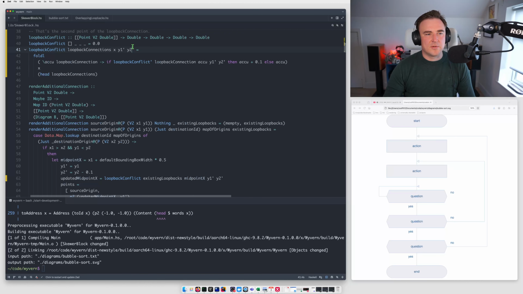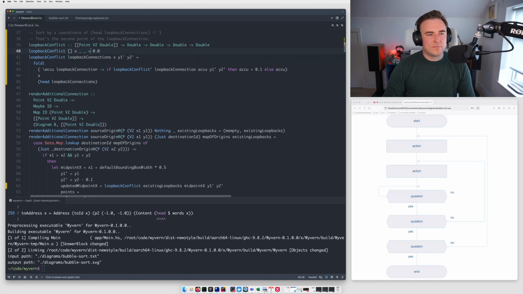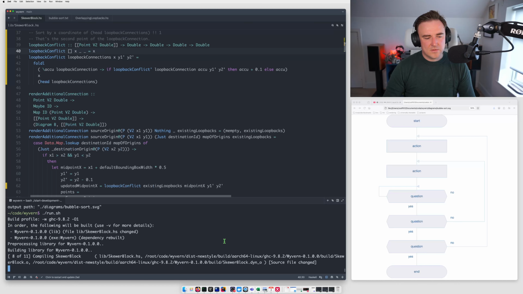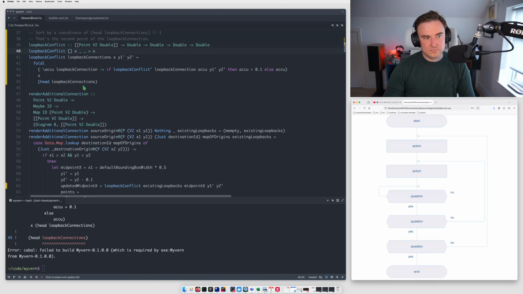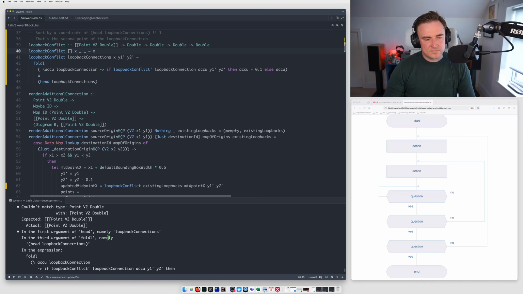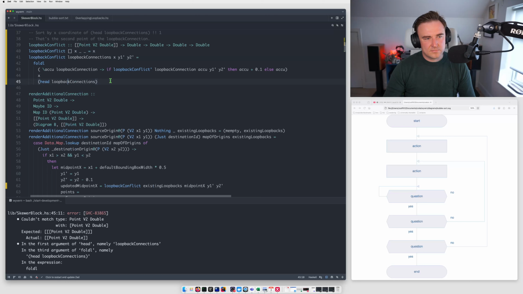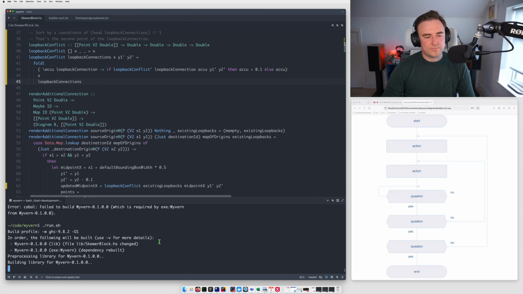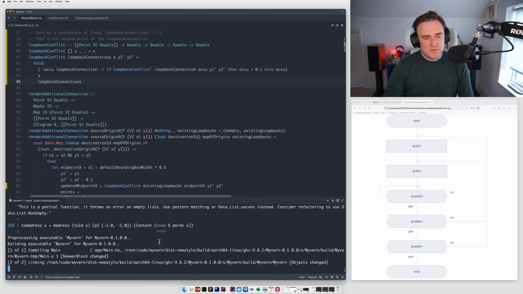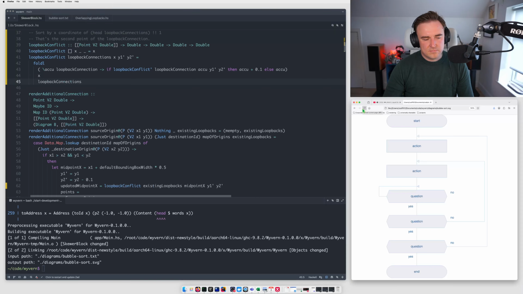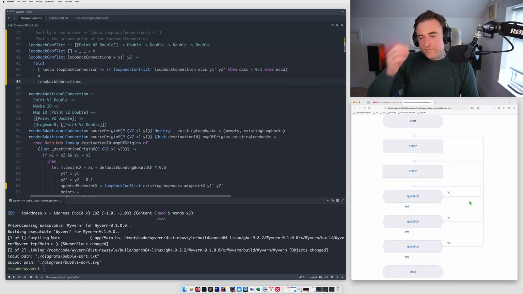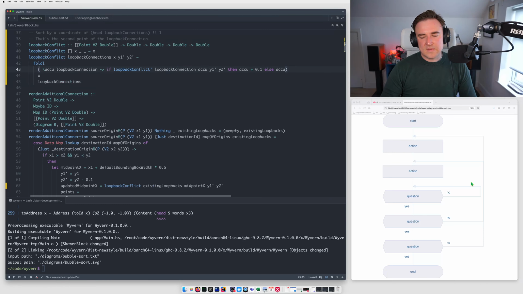Oh, 0. That's not correct. Okay. So we are slowly getting places, but the last loopback connection is still not correct.